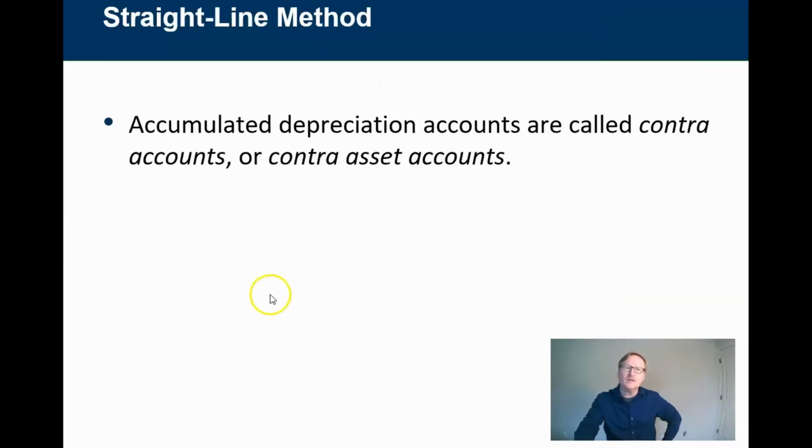Now the other thing that comes into play here is that contra account. If you remember, when we expense depreciation, we don't just decrease the asset account. We add a new account to our chart of accounts called accumulated depreciation. So we always have the cost of that asset, and then we have the accumulated depreciation.